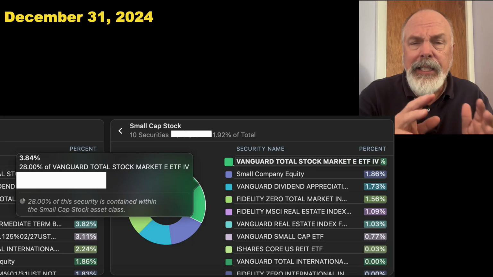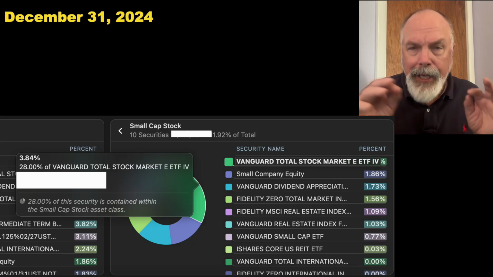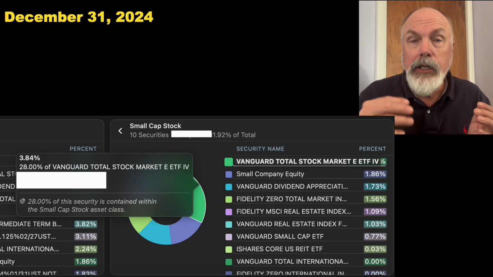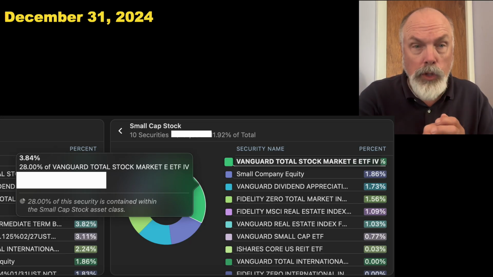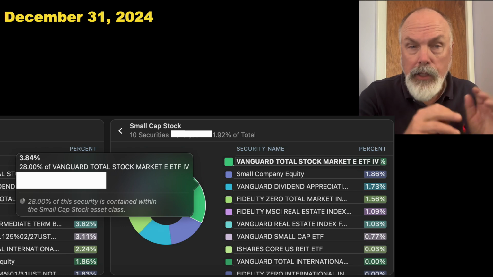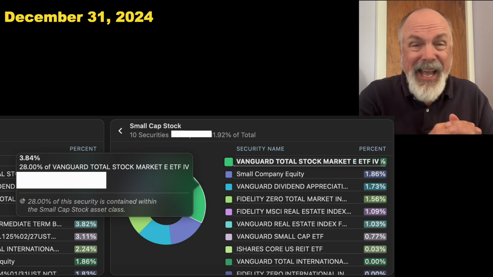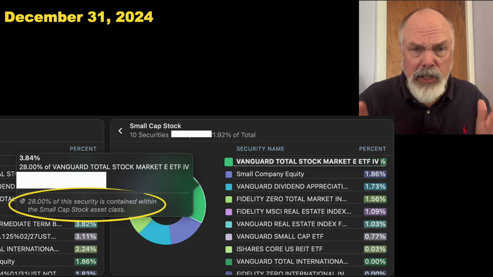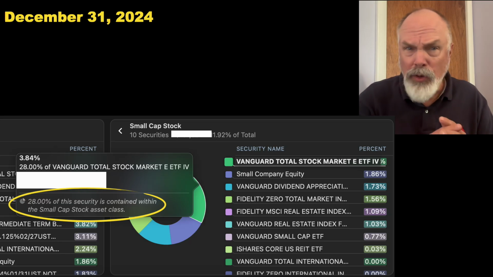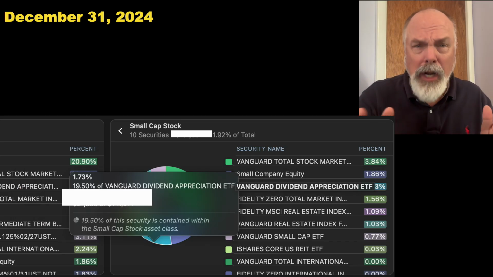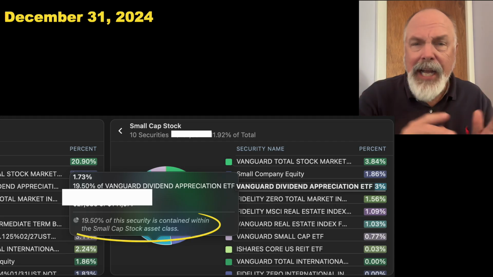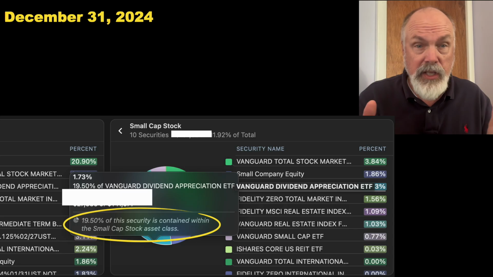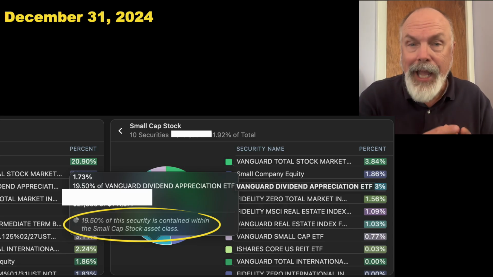And when I clicked into the small cap stock category on that pie chart, it pulls this up, and then I highlighted VTI, or the total stock index that Vanguard offers, and it says that 28% of VTI is the small cap stock category. And it said nearly 20% of the VIG, or the Vanguard Dividend Appreciation ETF, was in the small cap stock asset class.